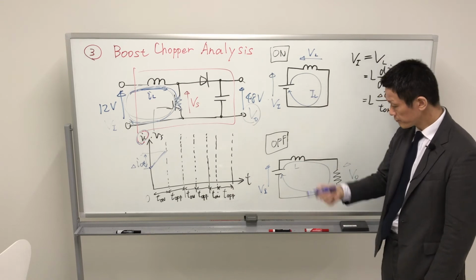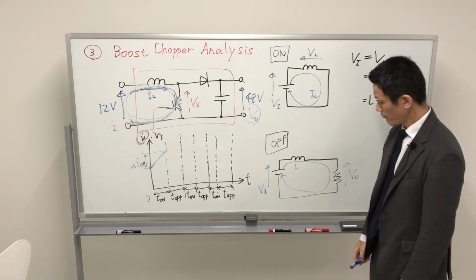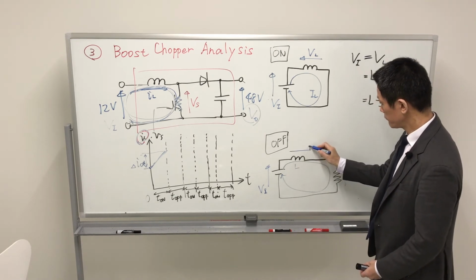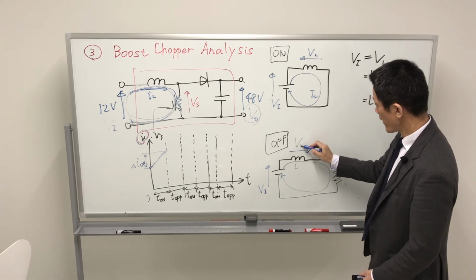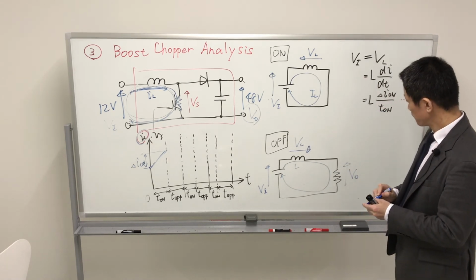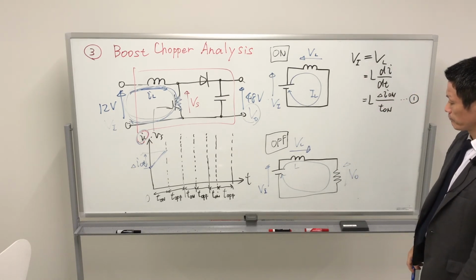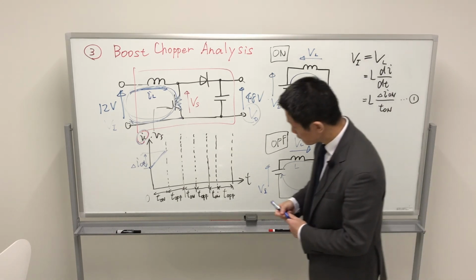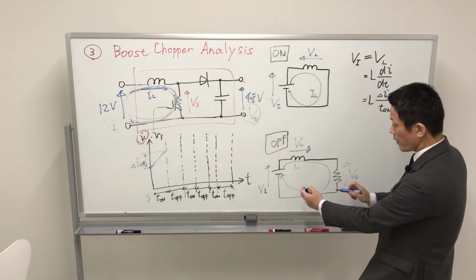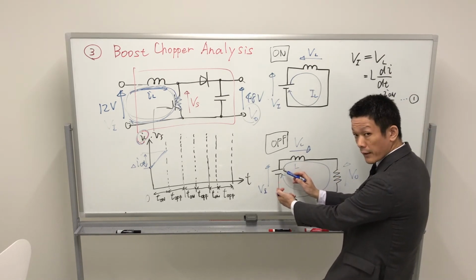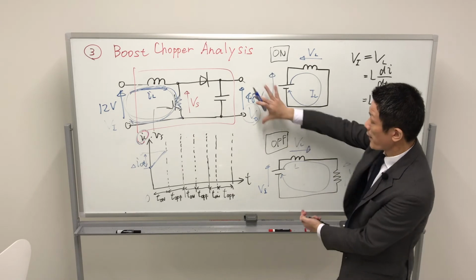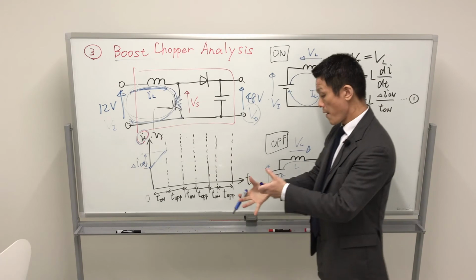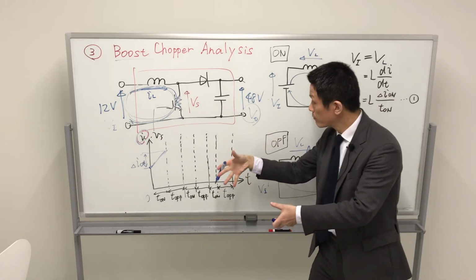What side? The answer is the direction is here, V L. Because the output side has a higher voltage than the input side because it is a boost chopper. Boost means the voltage boost.